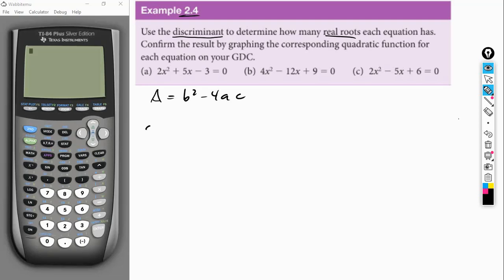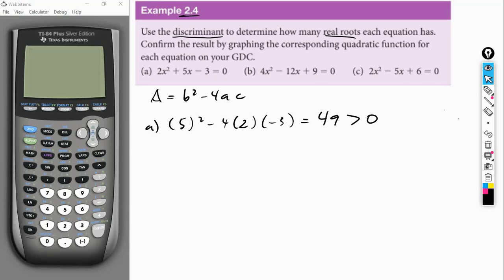So for letter A, we have 5 squared minus 4 times 2 times minus 3. And this is going to be 49, which is greater than 0. Therefore, the equation for letter A should have two real roots. We're going to confirm that by using the GDC.